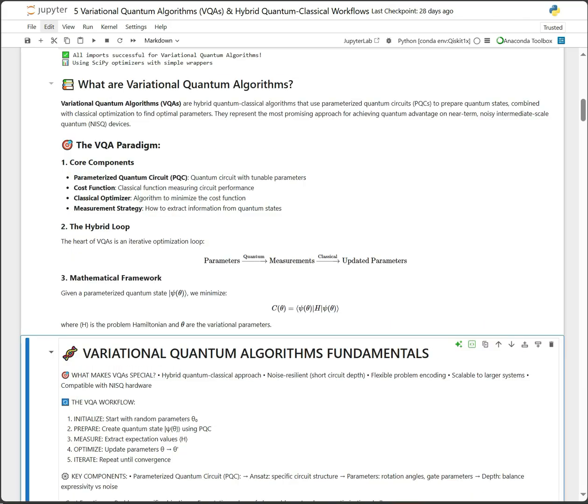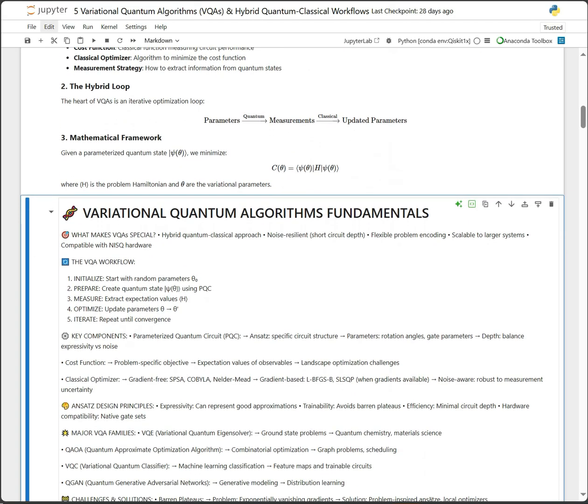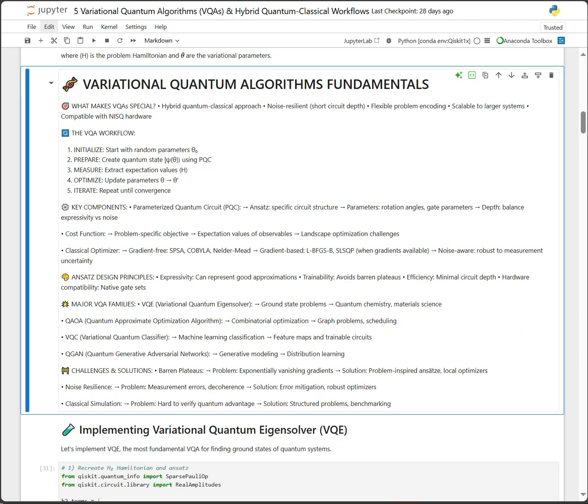Due to this minimization, this optimization, we call it variational approach. H is going to be the energy of the system, and the energy is going to be minimized through this approach. We get then the variational quantum algorithms.